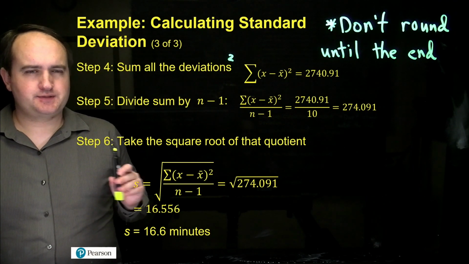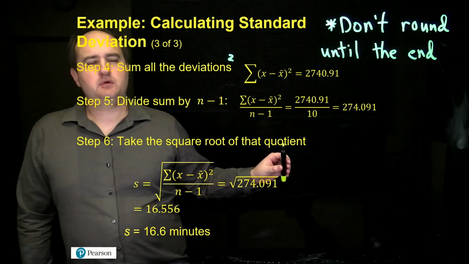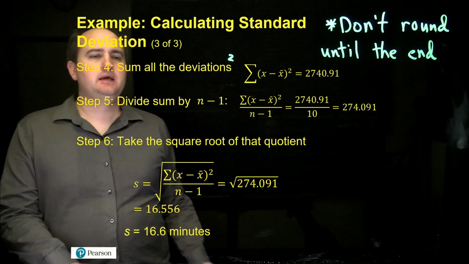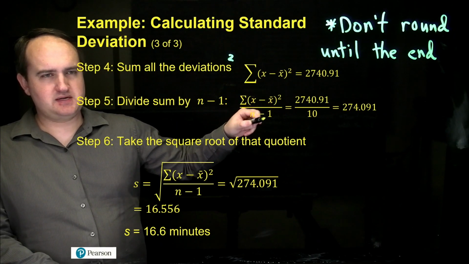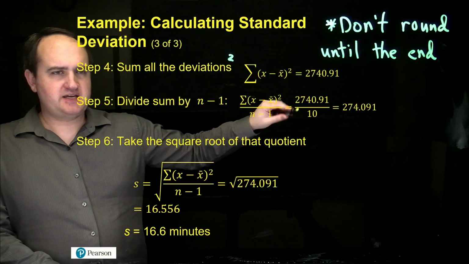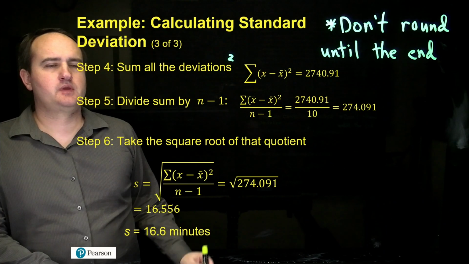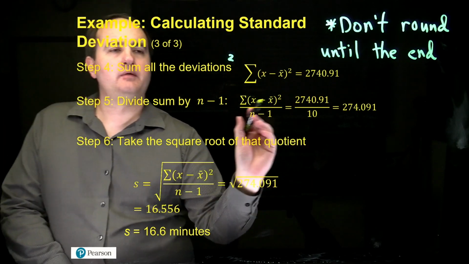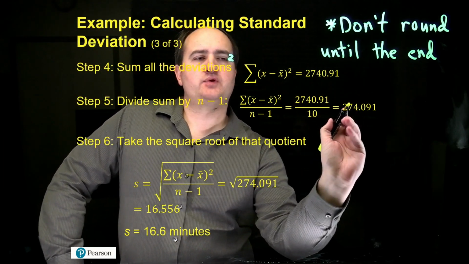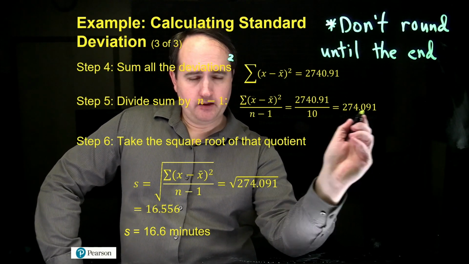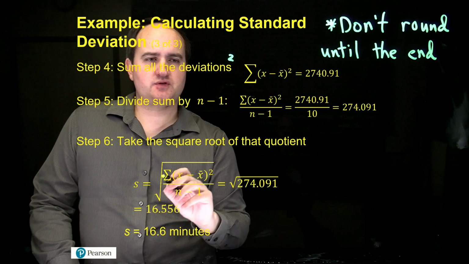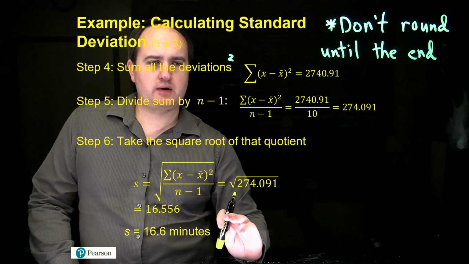Okay, step 6, take the square root of that quotient. Now, quotient means division. So they're talking about this formula here. You take the square root of it. So what we got on step 5 was 274.091. And in step 6, we want to take the square root of that number.